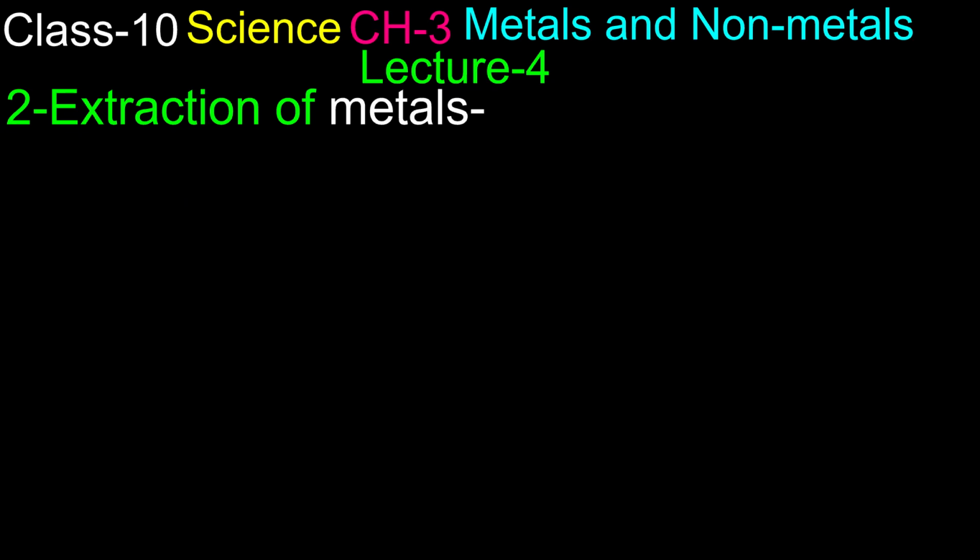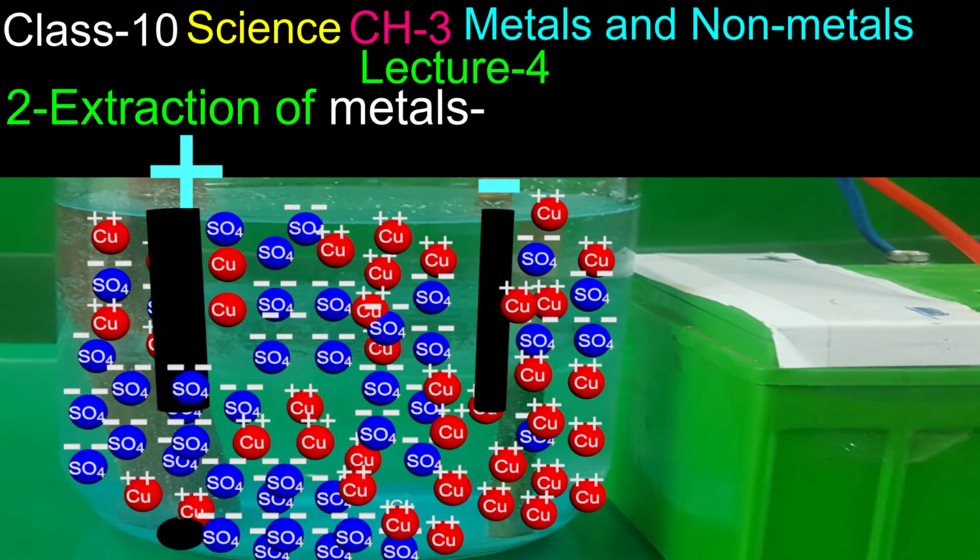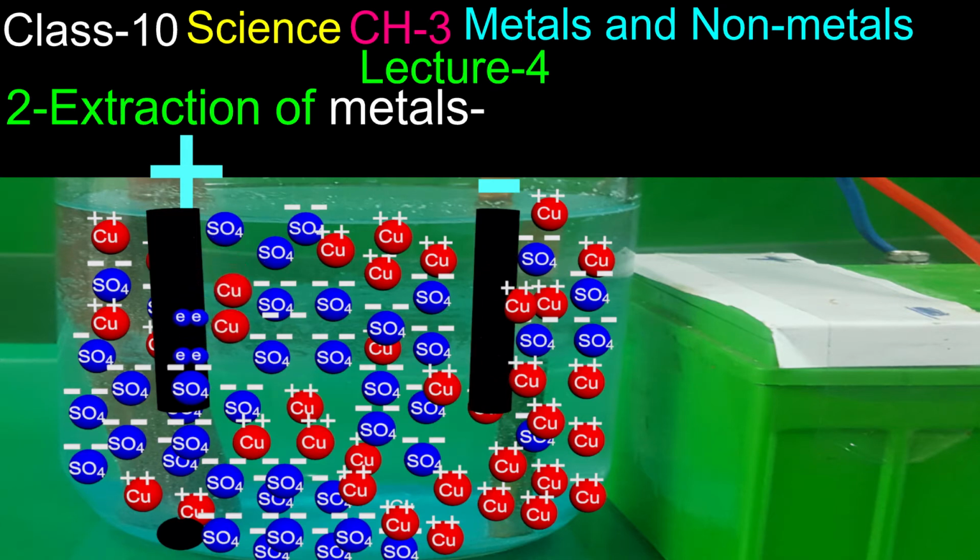High reactivity metals are reduced by electrolysis of the molten ore or ore mix in appropriate molten electrolyte. In electrolysis, selection of appropriate electrodes, the temperature and EMF applied are very important.